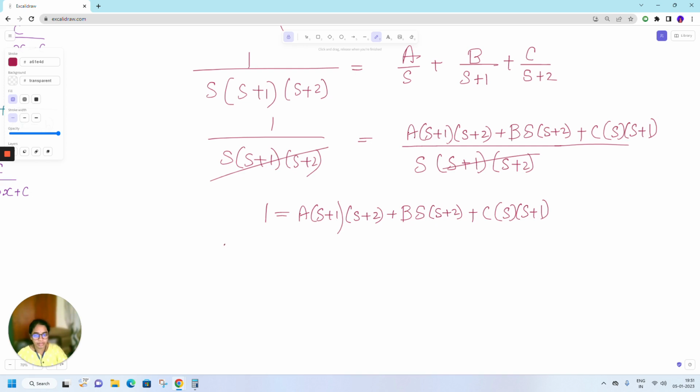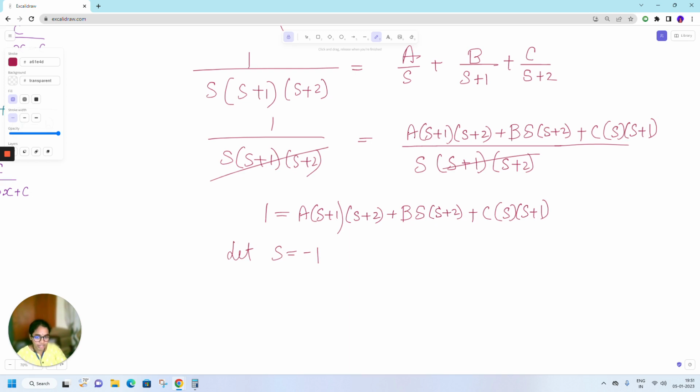For finding a, b, c values, there are two methods. One, equating the coefficients, that is, equate the coefficients of s square, s, and constants. That is one method. Okay, I will use another method, that is, I will give some values for s. Let s be equal to minus 1. Why am I giving minus 1?